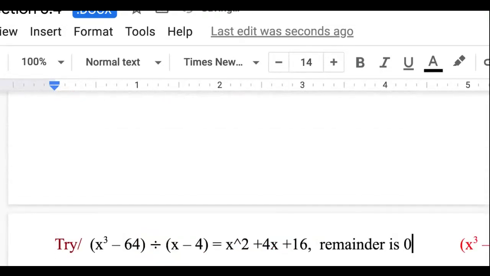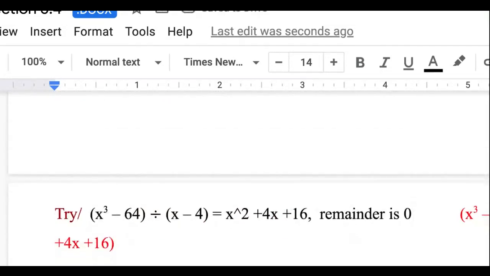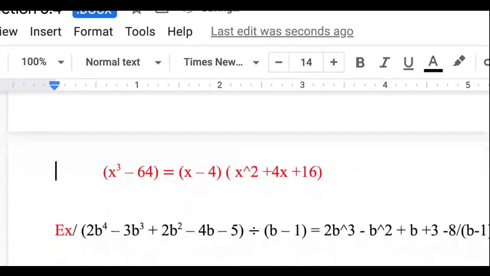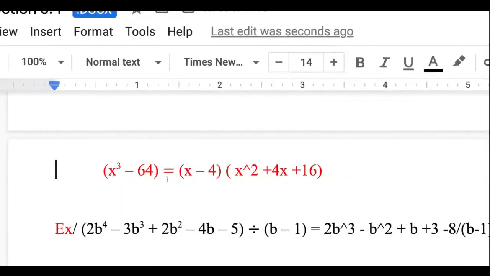So that means x cubed minus 64 equals the divisor multiplied by the quotient. No remainder. Well, the remainder is 0. If the remainder is 0, that means the dividend, the numerator, can be factored as a product of the divisor and the quotient.